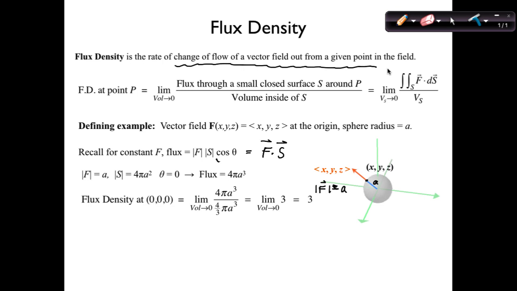No, it doesn't mean it's speeding up. Yeah, is it kind of like the rate of change? Okay. Derivative? Yeah, rate of change of the vector field. Derivative of the vector field.